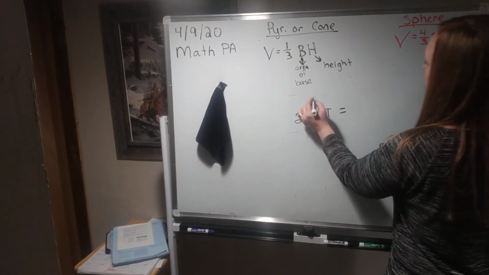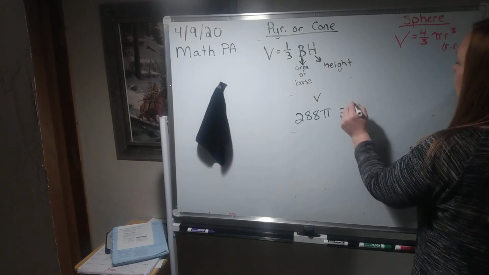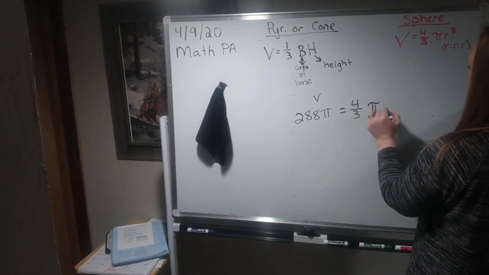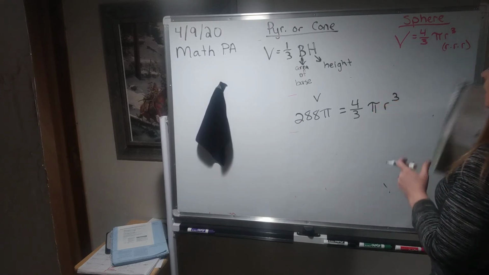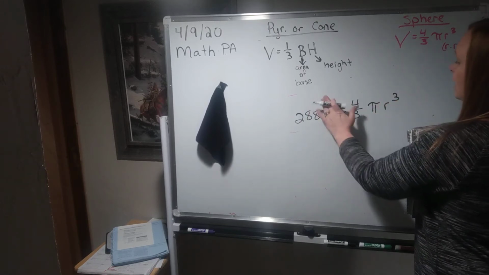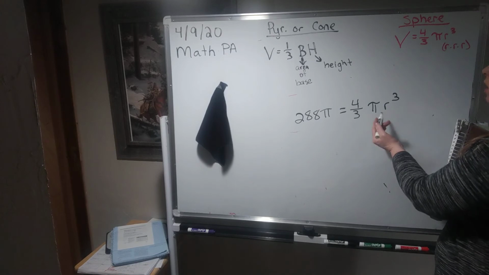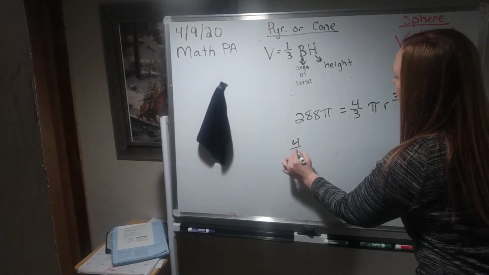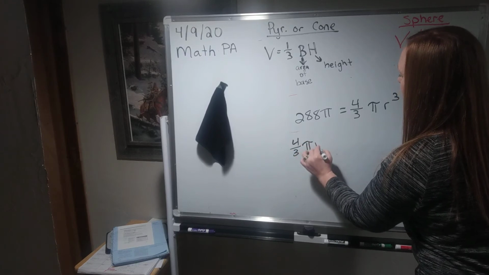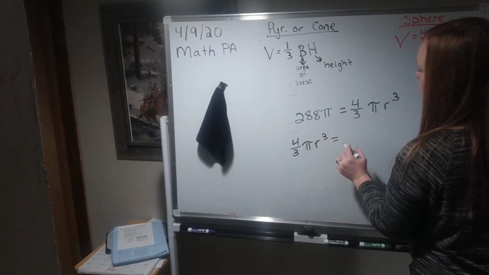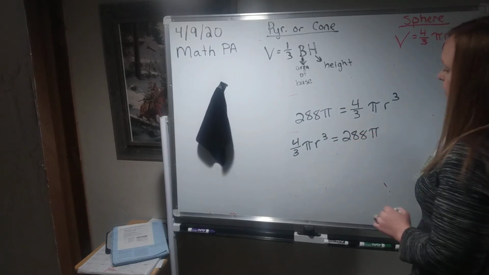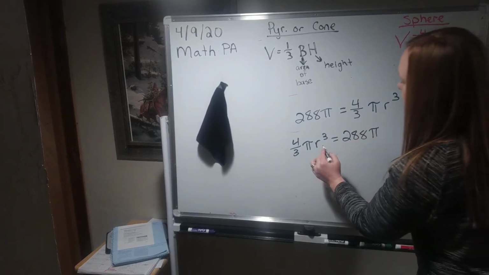So we're going to plug that in for our volume and write out the rest of our problem here. Now we have an algebraic equation, and we want to solve for r. So I'm going to flip-flop this for you: 4/3 pi r cubed equals 288 pi.